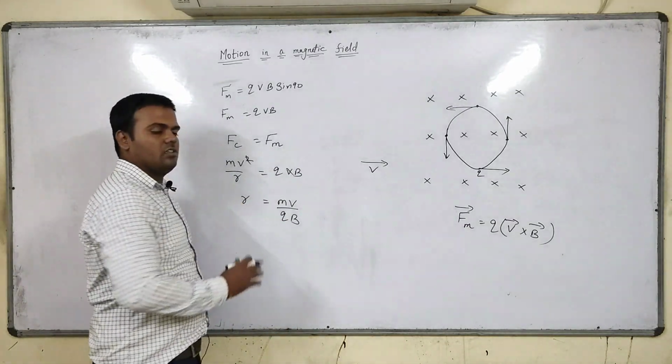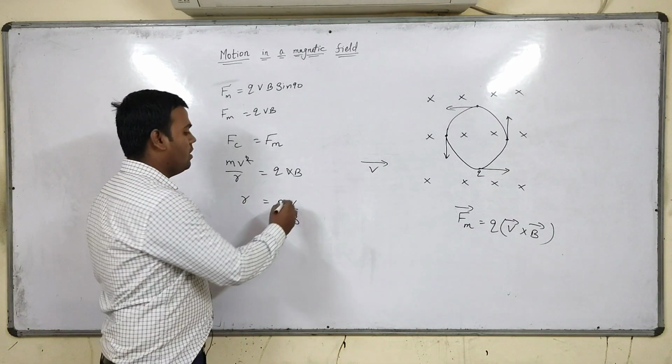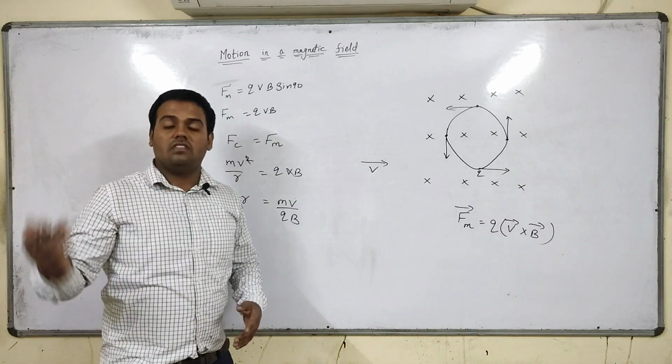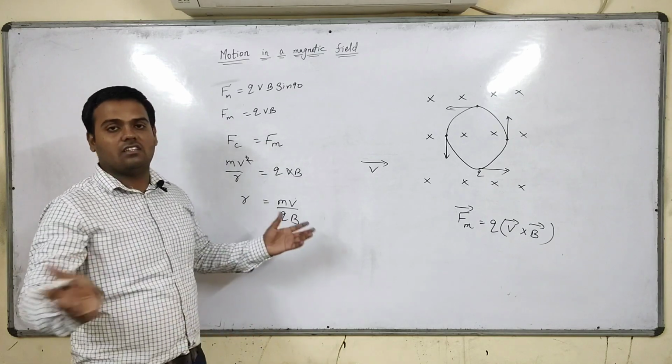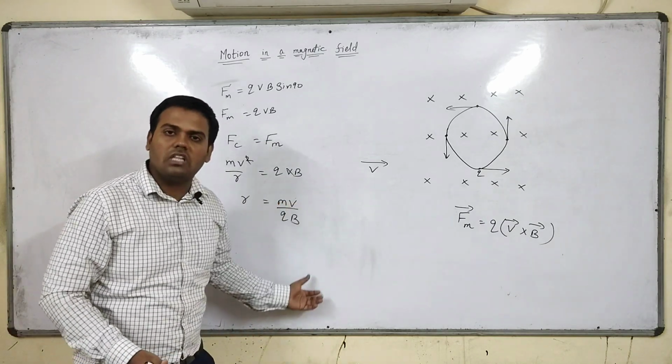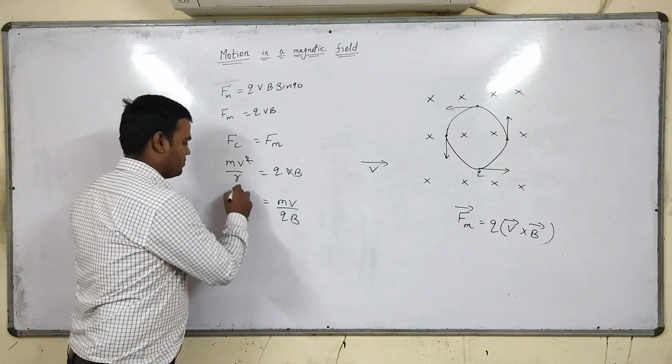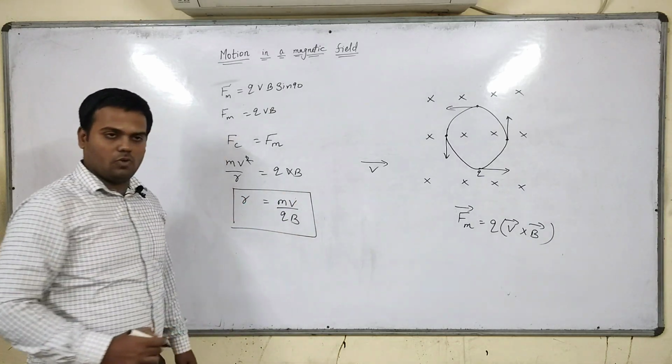So the radius only depends on the velocity of the charged particle. If velocity is high, then the radius is large. If velocity is low, then the radius is small. So this is the first point.